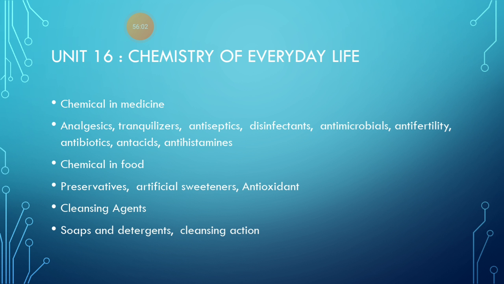On a daily basis, we use soap and detergents for cleaning our body, our clothes, or floors. What kinds of chemicals are used for the preparation of soap and detergents, we are going to learn.